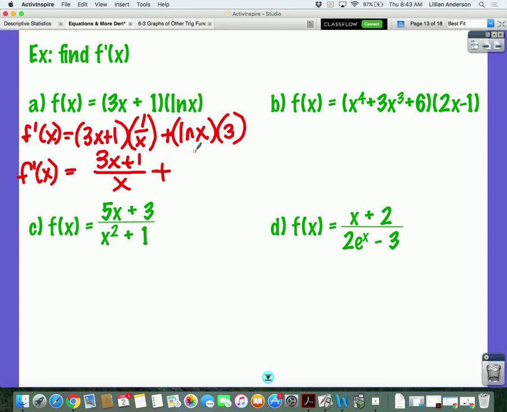That's what I was trying to get to. Alright, and then what's 3 times ln of x? 3 ln of x. So I was hoping that someone would say 3 plus 1 over x plus 3 ln of x. That would be your derivative.